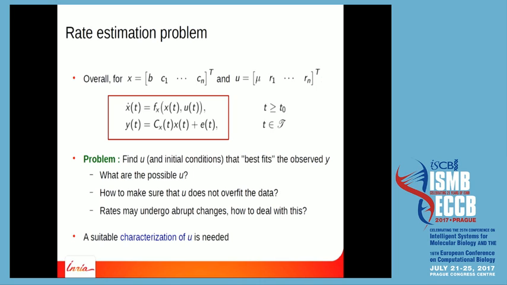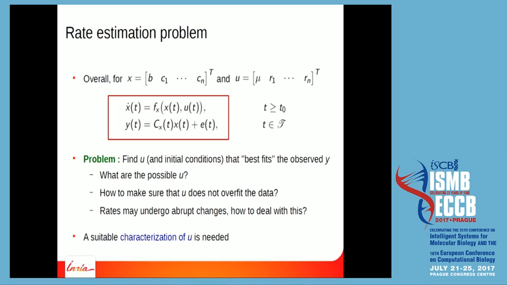Dynamics are in the first equation, and at any time tau in the measurement set, you get a readout of this state plus noise, okay? So the problem here is to find u over time, its evolution over time, that best explains, in some sense, our observations y.